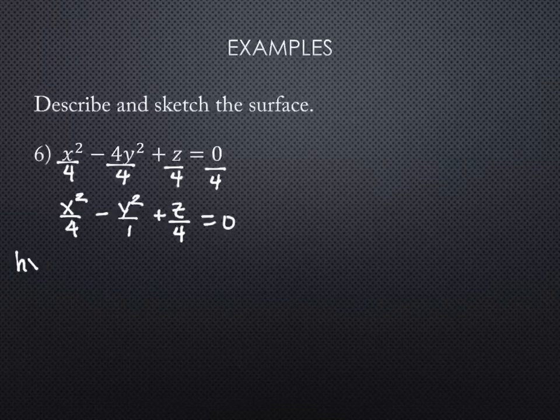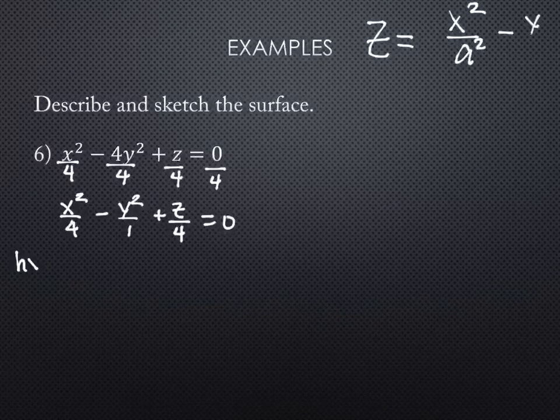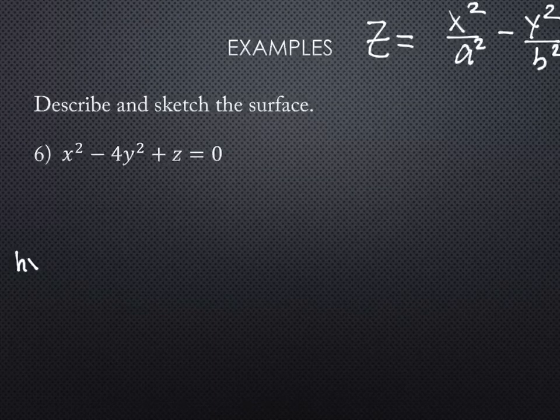They have the form, I'll write it up here, as our standard version is z equals x squared over a squared minus y squared over b squared. So if I were trying to get it into that form, what do I still need to do? There's something funny. Let me undo what I just did with the division by 4, and we'll shift first. Subtract z over 4, and then divide by -1. Actually, I'll leave the z where it is because it's already positive.